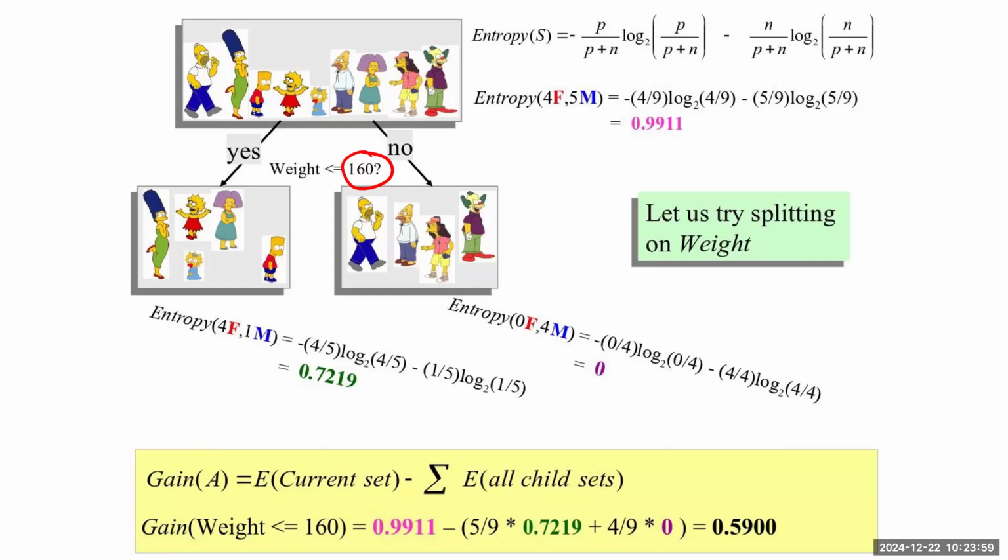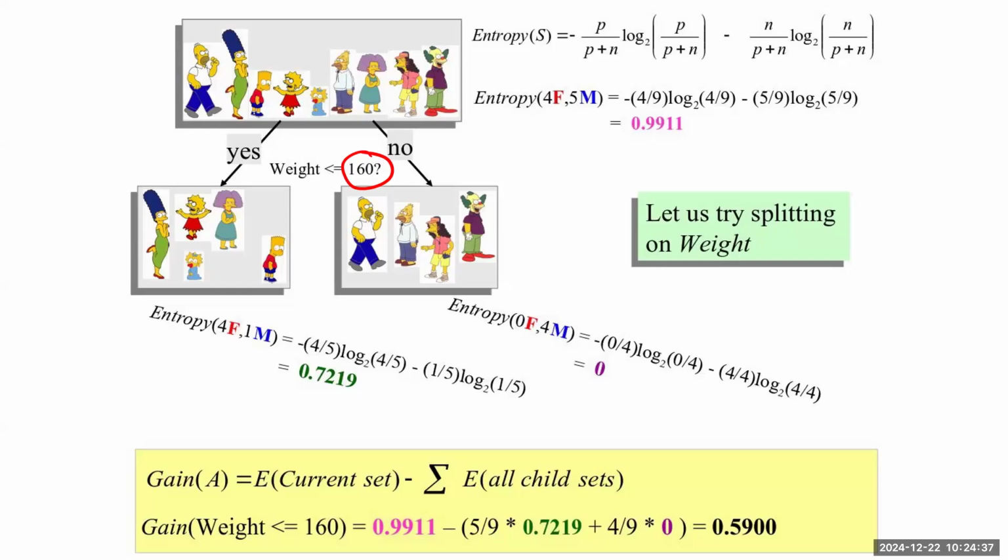So using this split, I will have the weight of less than 160 and more than 160. Now, the entropy of the parent is the same as before. Nothing changed, so it's 0.9911. And then when you split using weight, the ones that are less than 160, you have 4 female and 1 male. And the entropy of this group is 0.7219.